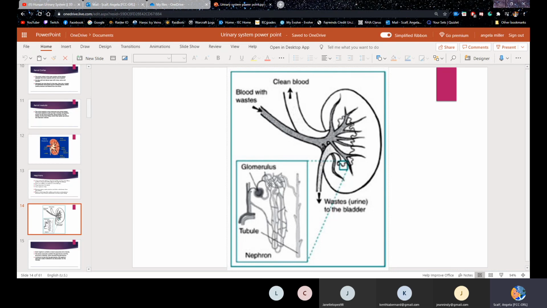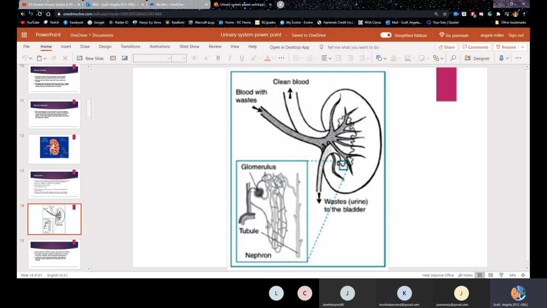So now inside of that nephron, there's these teeny, teeny, tiny little, I like to think of them as sub-filtering stations. They're basically their own little factory.